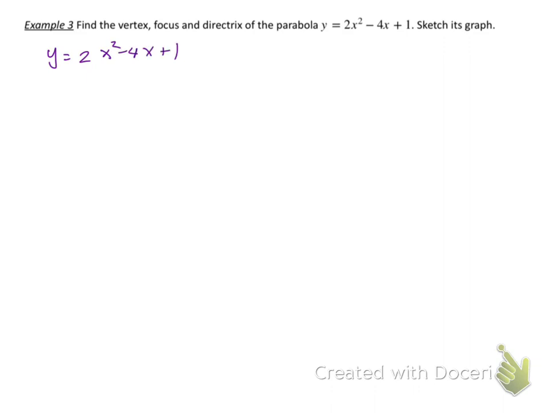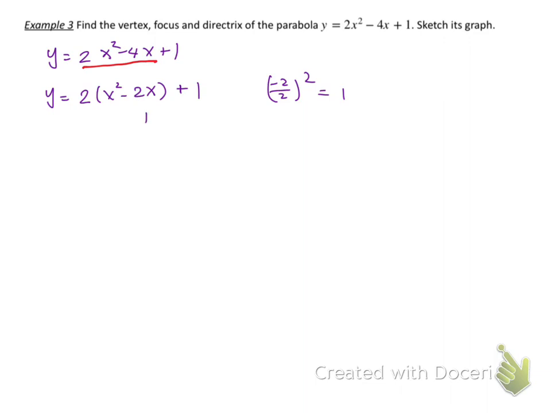And I will combine the x terms together in the sense that I factor out the coefficient and I want x squared plus bx by itself, and I'll leave the plus 1 outside. Well, I don't really mean b, I meant 2. Then I'll complete the square. In order to complete the square, x squared minus 2x, you need to do -2 over 2 squared, which is -1 squared, which is 1.